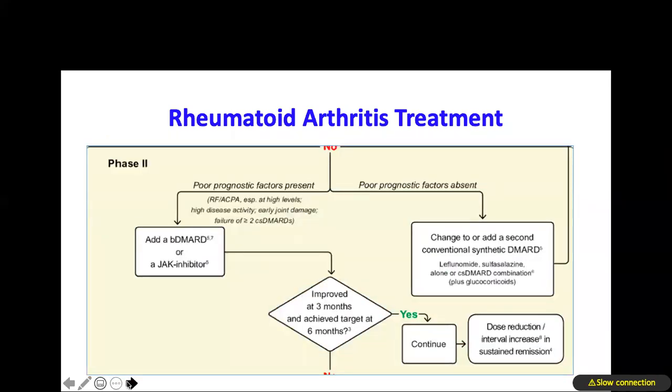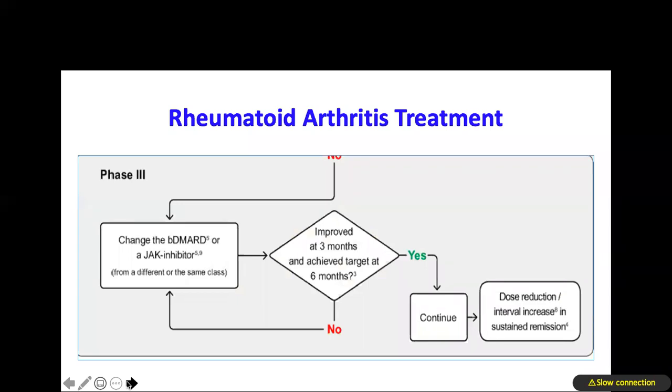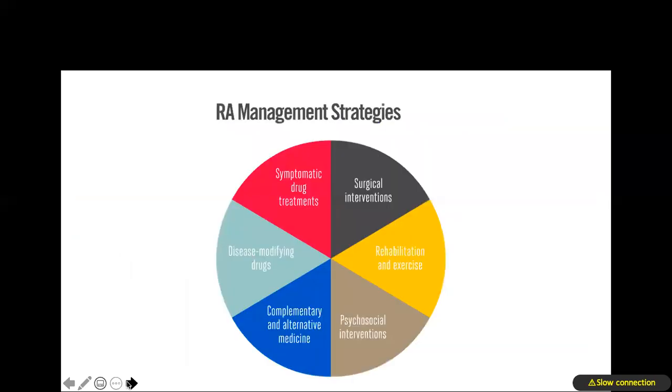Okay, so this bit is just for you to know. You will get this handout with you. It's just to tell you that if the conventional disease modifying drugs don't work, we have different other molecules we can change to. Nothing compensates for a multidisciplinary team, right?